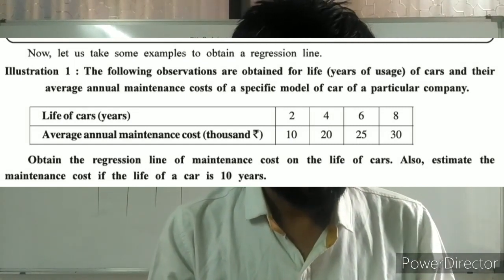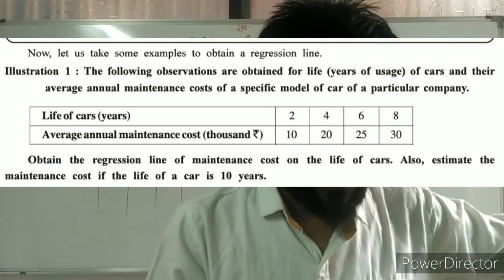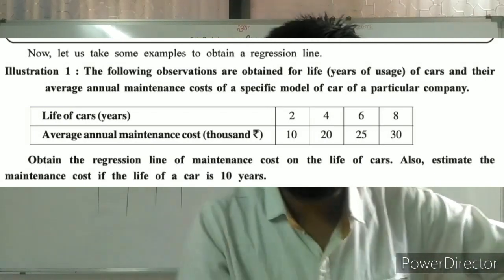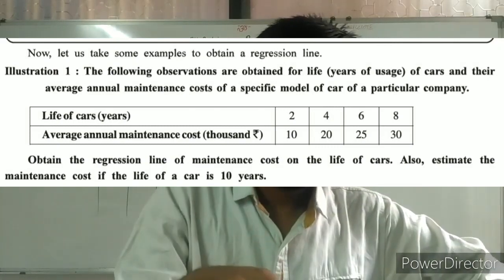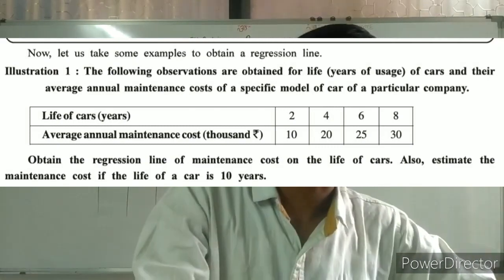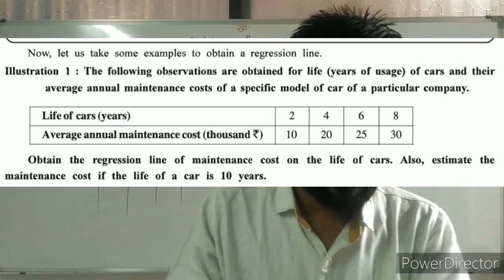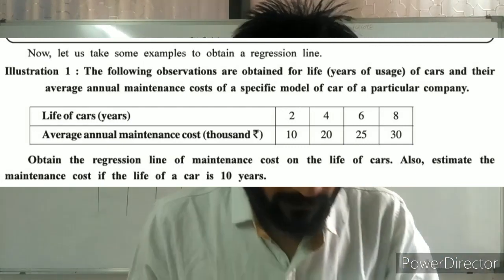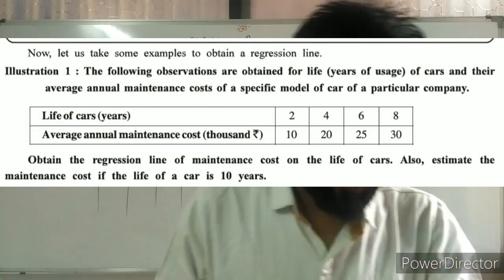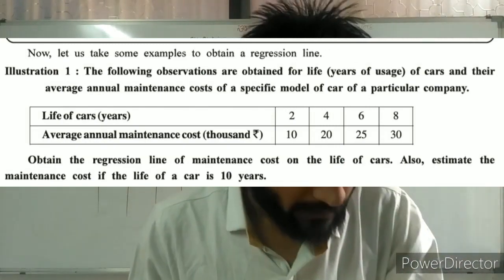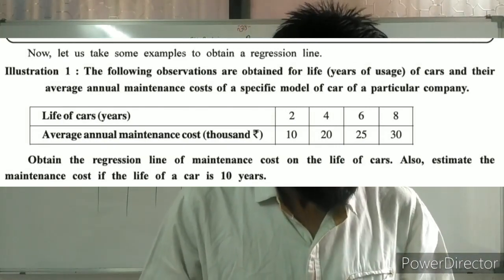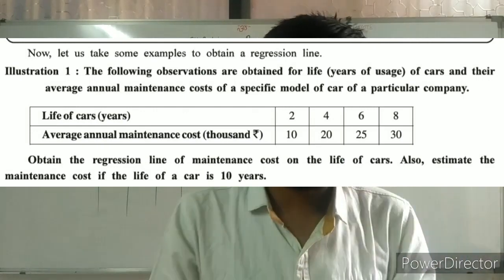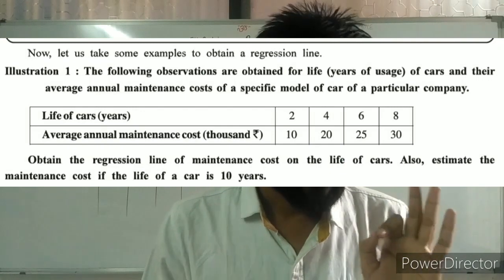So life of a car means how many years the car is used, and on that, what is the cost of maintenance. That data is collected for a particular model of a particular company.